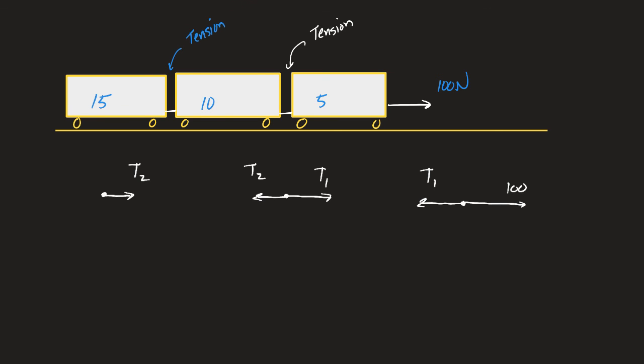Now, this problem isn't much different than what we just did. It's just got more objects. I start looking at all the things that are happening. I've got 100 minus T1 equals 5A. That's the force on the first car. Maybe T1 minus T2 equals 10A.